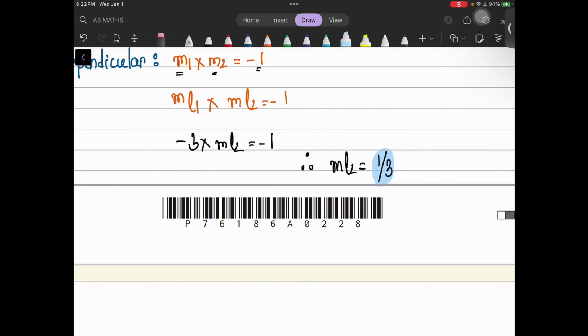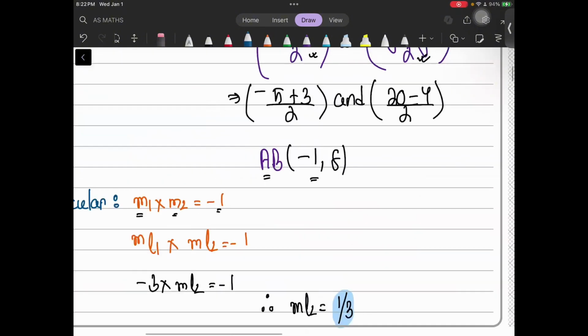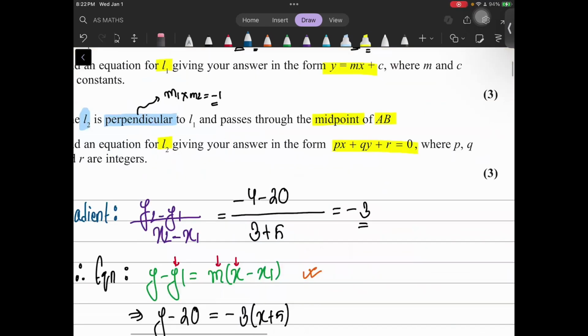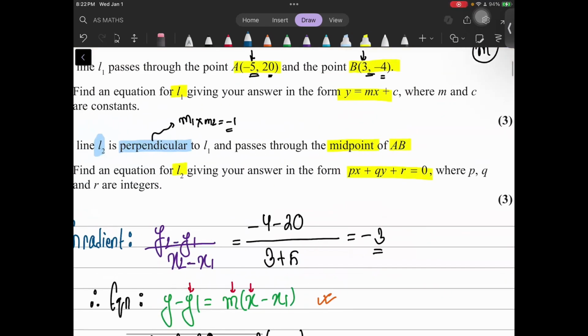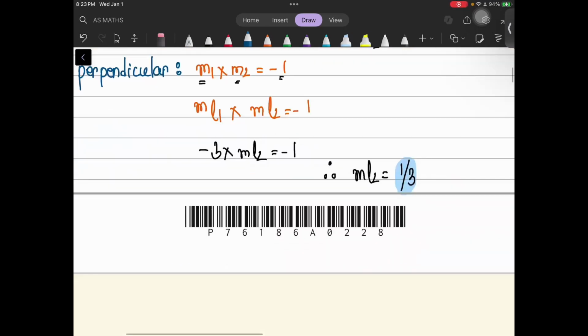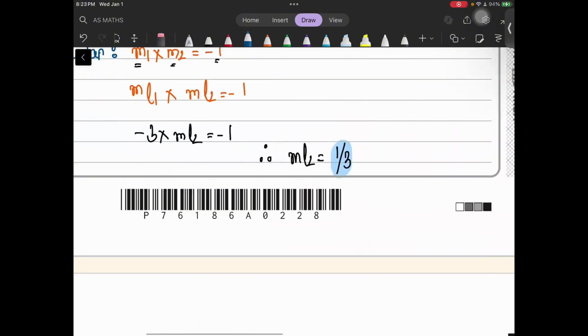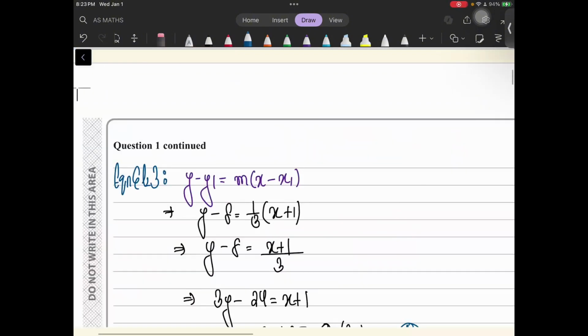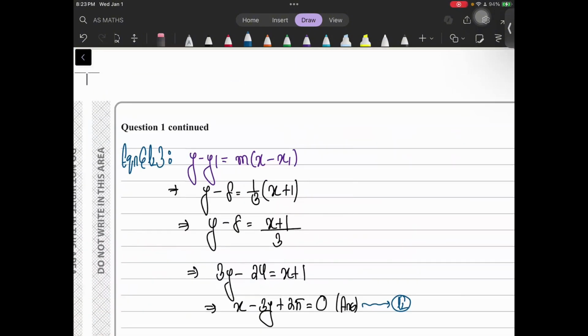Also, you have been provided the coordinates of the midpoint of AB, and the line passes through the midpoint AB, right? So you know an x coordinate and a y coordinate as well, so you can easily find an equation of L2. So y minus y1 equals m times x minus x1, similar equation.